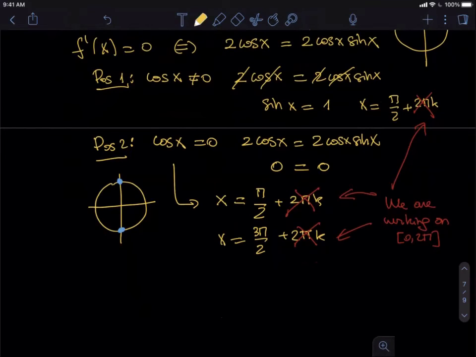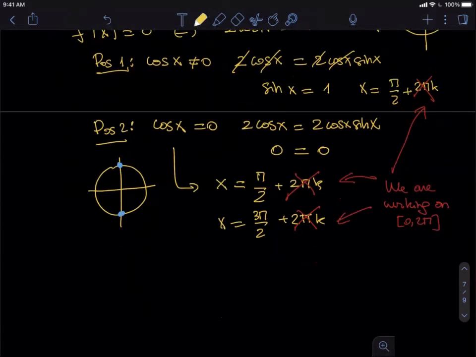If you notice here, there is also repetition: the pi over 2 appeared twice, no problem. That's just the pi over 2. So the points to check are 0, because it's an endpoint, pi over 2, and 3 pi over 2, and then the other endpoint, 2 pi.